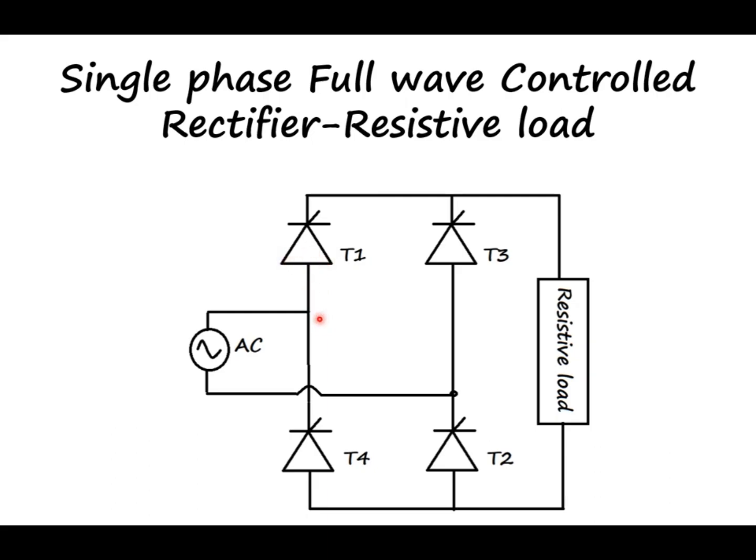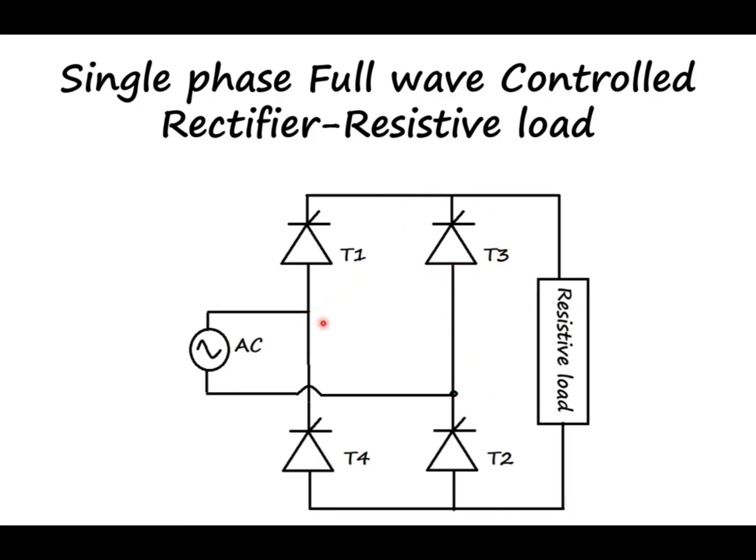The anode is getting plus over here. The cathode is getting plus. So T4 is reverse biased. T1 is forward biased. Here when it is minus, the T2 thyristor is getting forward bias because negative is available to the cathode, and here if we see T3 is reverse biased because negative is available to the anode.